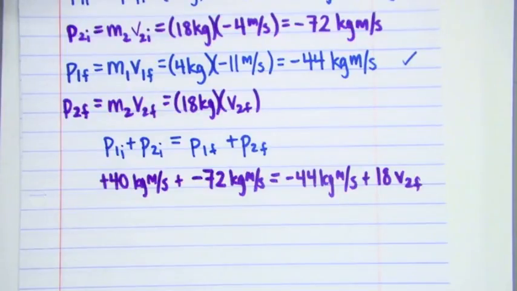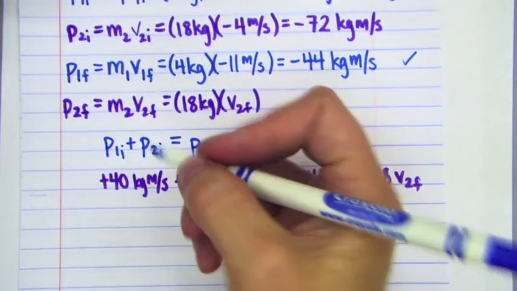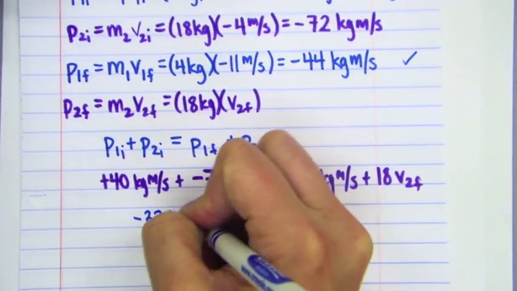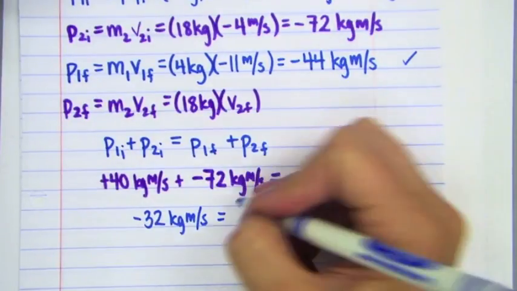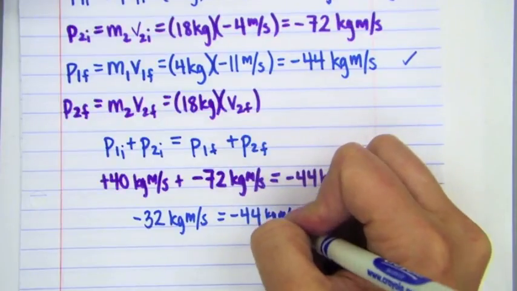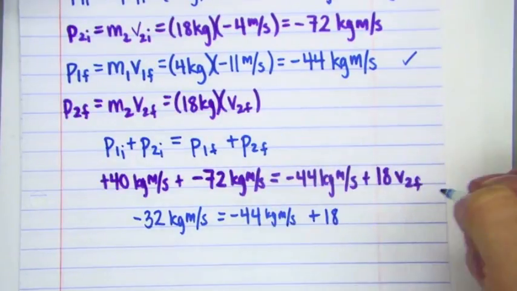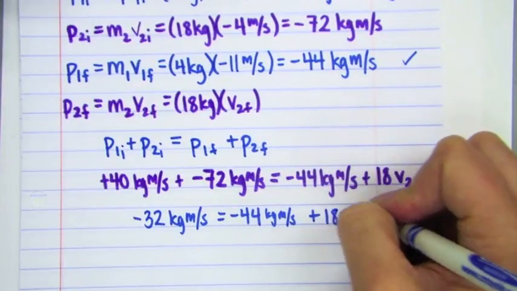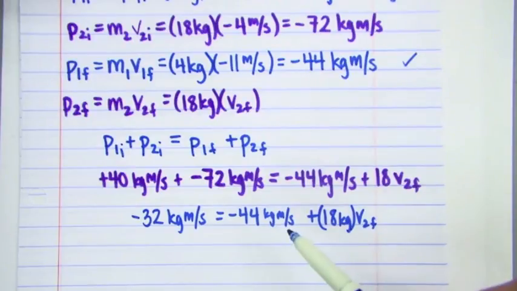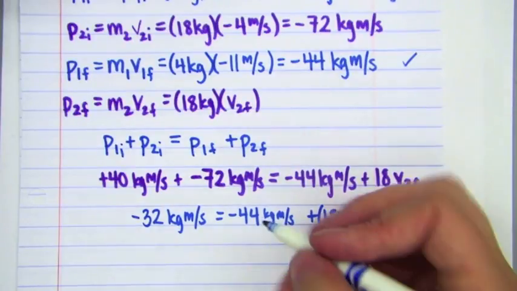Now we can simplify and solve. Simplify the left. And then combine like terms by adding 44 to both sides.